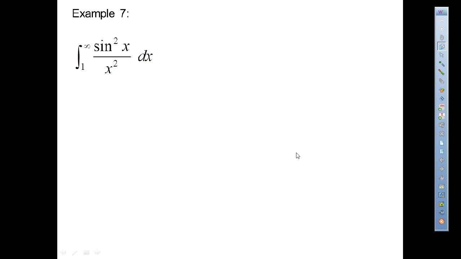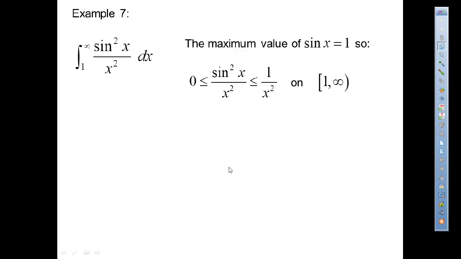All right, so let's look at an example here. We've got the integral from 1 to infinity of sine squared x over x squared dx. Okay, the maximum value for sine x is 1, so we can use that as an upper bound.